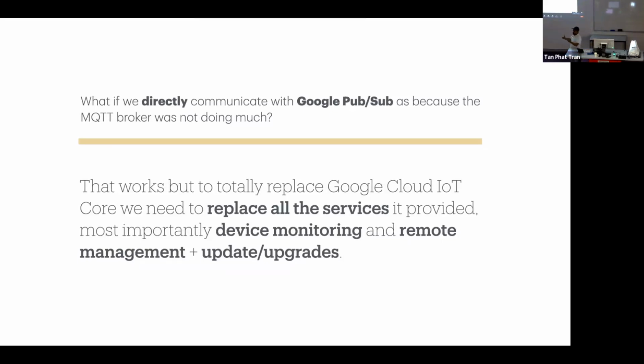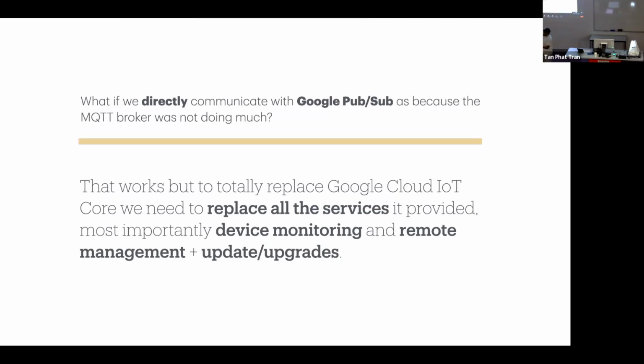So then we thought, okay, MQTT, but there is already a PubSub service, Google PubSub. Why don't we directly communicate with Google PubSub? What if Arduino directly communicates with Google PubSub and we remove Core IoT? If we are only replacing the MQTT part, then just remove that part and directly communicate with Google PubSub.